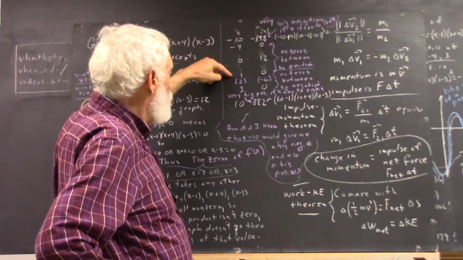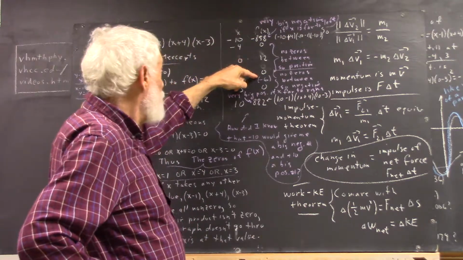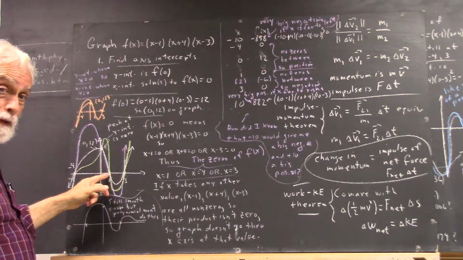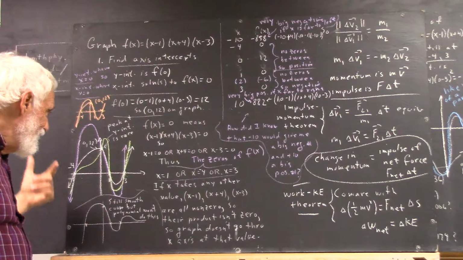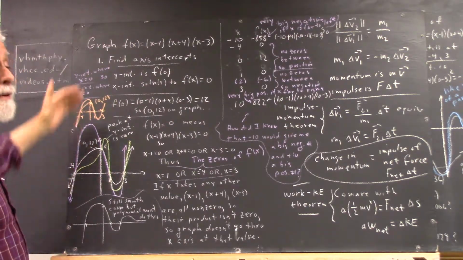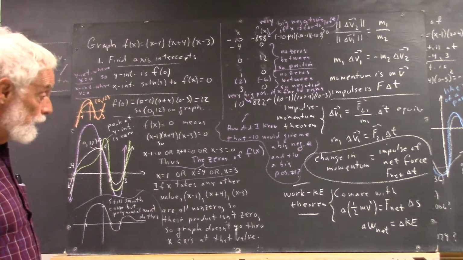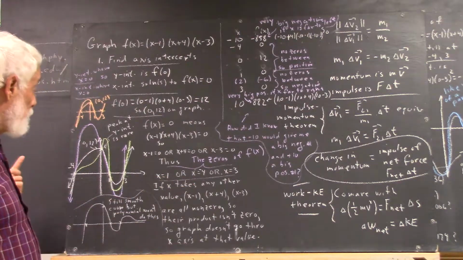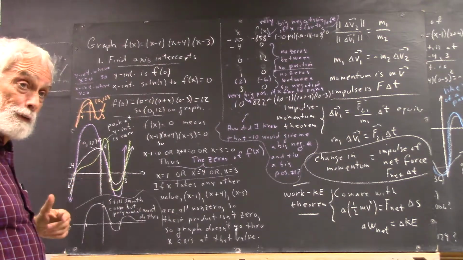At -4 and at 1, f of x takes value 0, right? Now between x equals -4 and x equals 1, there are no zeros, which means that if f of x is positive anywhere between here and here, then the graph has to stay above the x-axis all the way, because in order to go to the other side of the x-axis, it has to go through the x-axis, and it can't go through the x-axis between here and here because these are the only zeros.